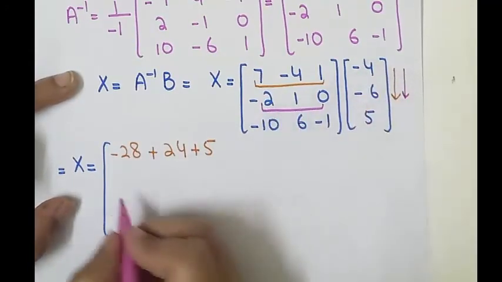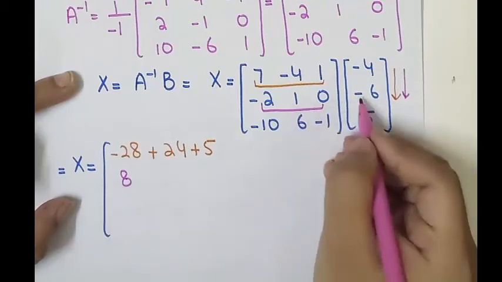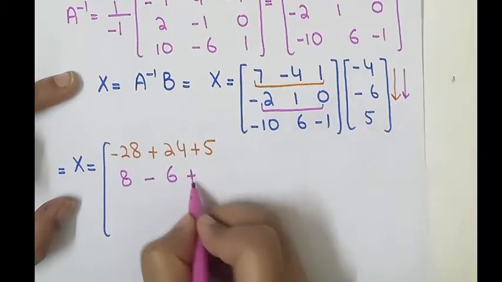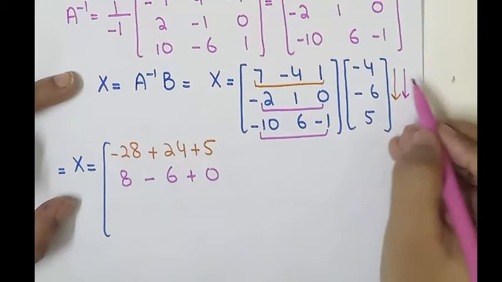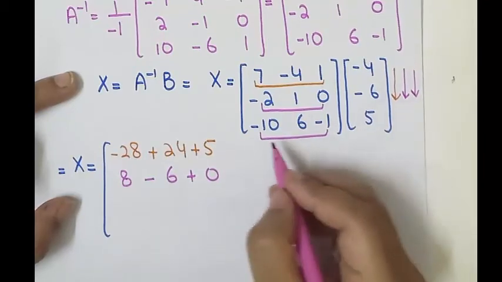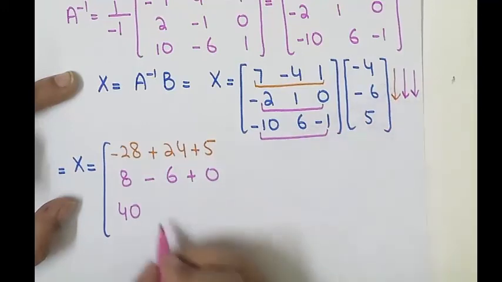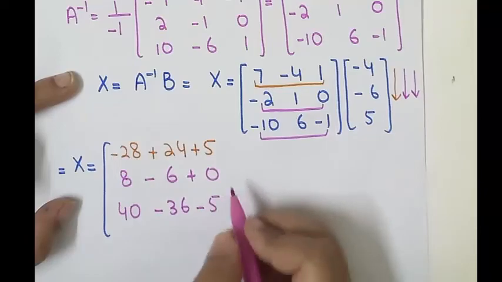We have 2 times -4 is -8, plus minus minus 1 times -6 is 6, plus 0 times 5 is 0. Now we will multiply the third row with this column. We have 10 times -4 is -40, 6 times -6 is -36, 1 times 5 is 5.